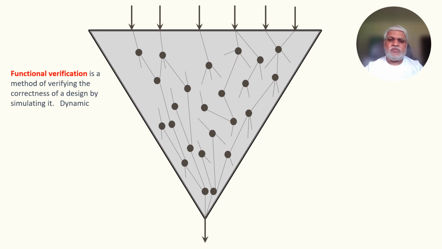Functional verification is a method of verifying the correctness of a design by simulating it. That means we provide different vectors at the inputs and give different stimuli, so that these internal states, depicted with dots, are excited, and data flows from this point further away to the output.